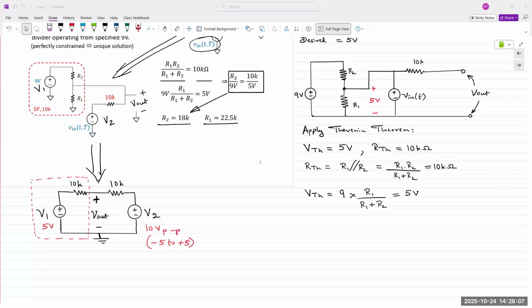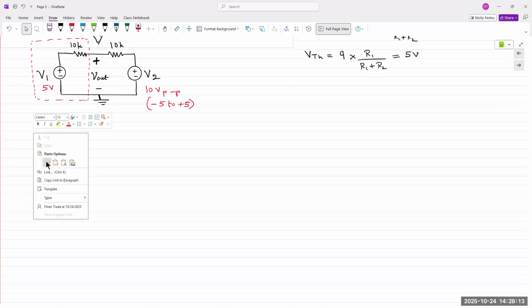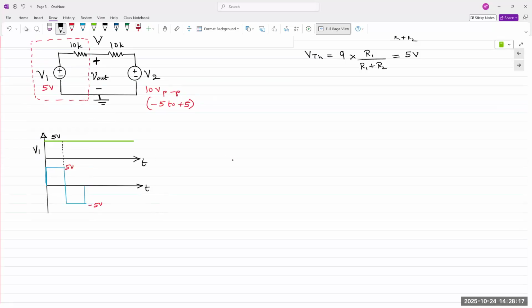I'm going to copy this and paste it here. Okay. The one in green is our DC voltage, V1. This is V2. And we analyze just this first time period, the positive half cycle, meaning only this portion right here.